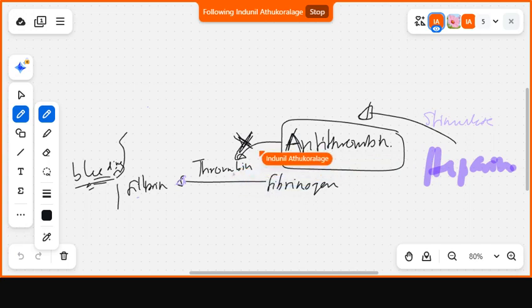So when thrombin is inhibited, fibrinogen will not convert to fibrin. What heparin does is it will stimulate the action of antithrombin. It will promote the action of antithrombin, so thrombin will be inhibited and this process will stop. Fibrinogen will not convert to fibrin, so coagulation will get affected. Right? Yeah, so this is the mechanism.